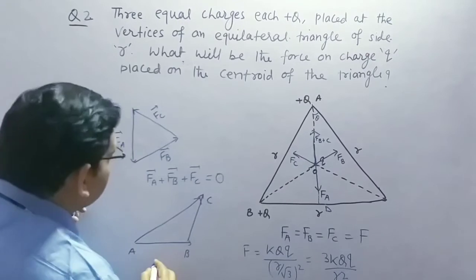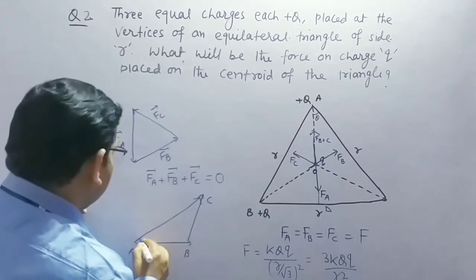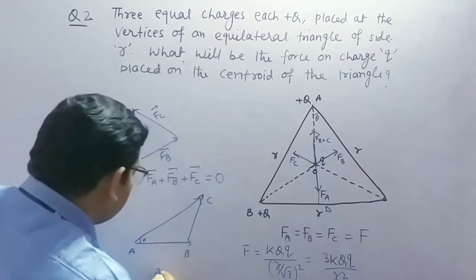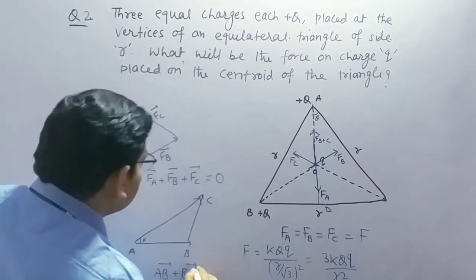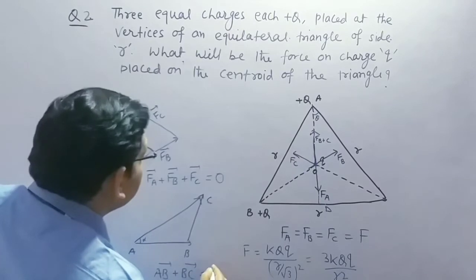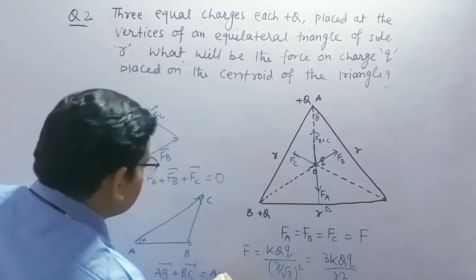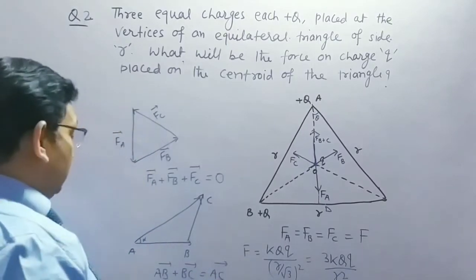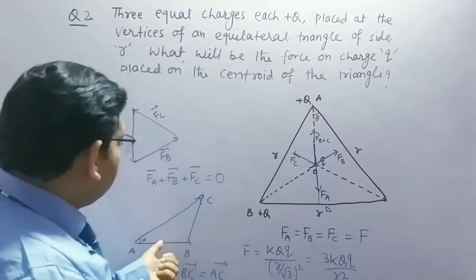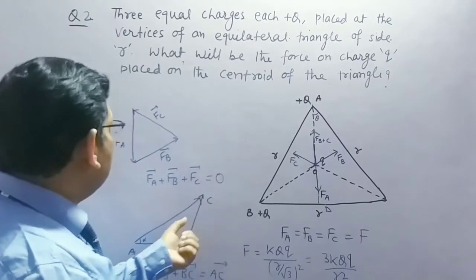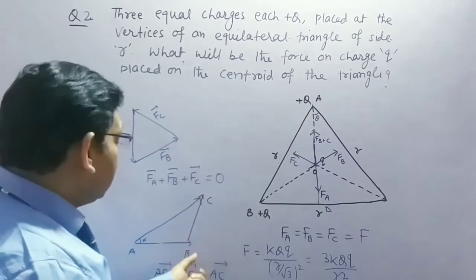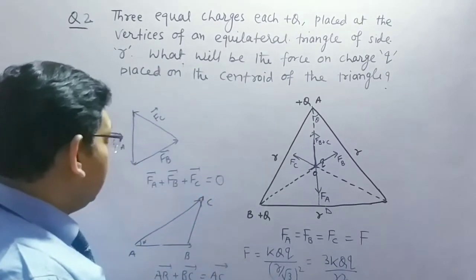So we know that vector AB plus vector BC is vector AC. So if two vectors are represented by two sides of a triangle taken in the same order, then the resultant vector is given by the third side. That part we have done in class 11.